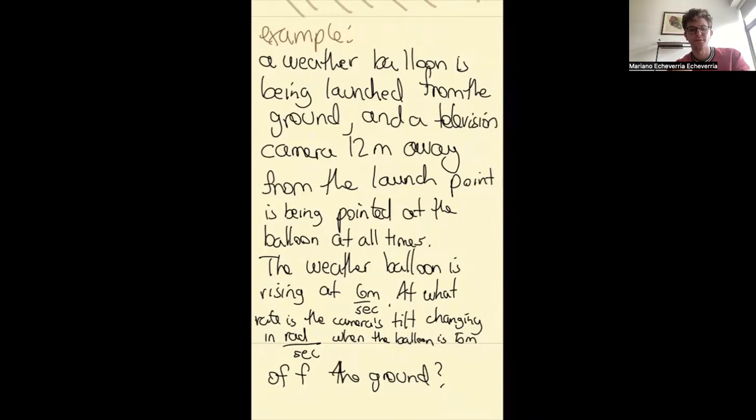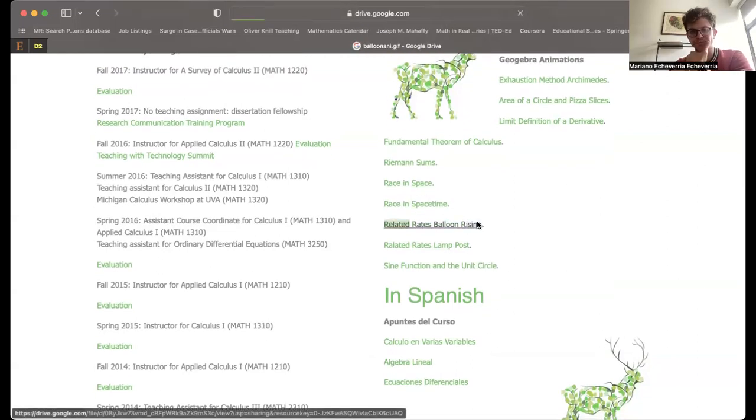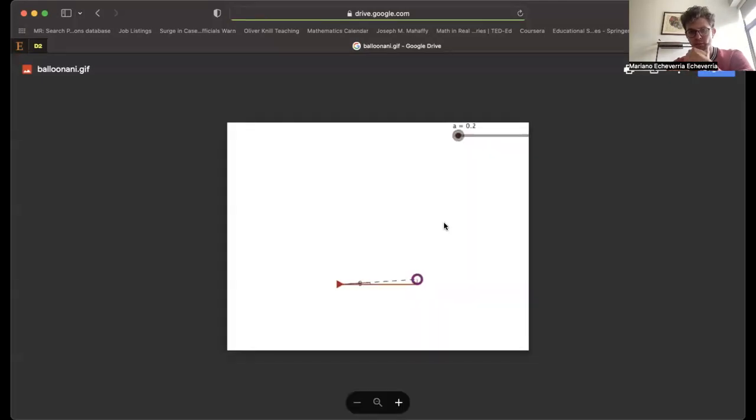Okay, I have to go to my website. I think it's this one. So you see, this is the weather balloon.